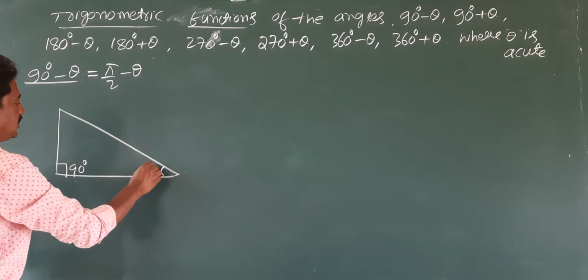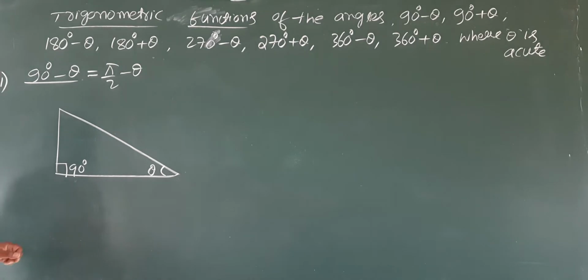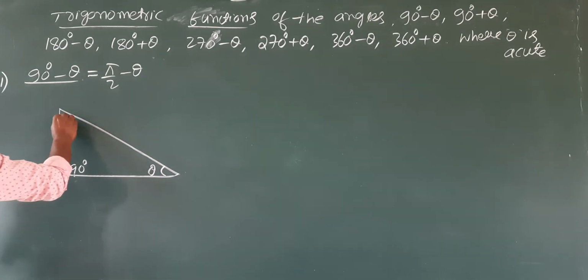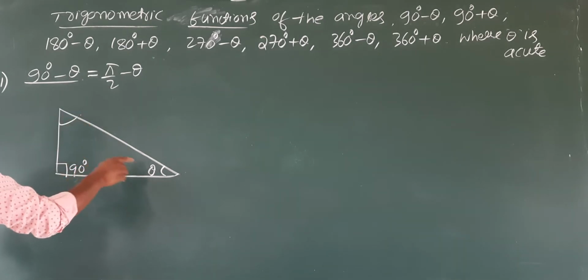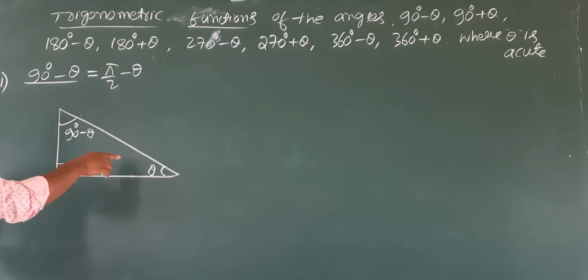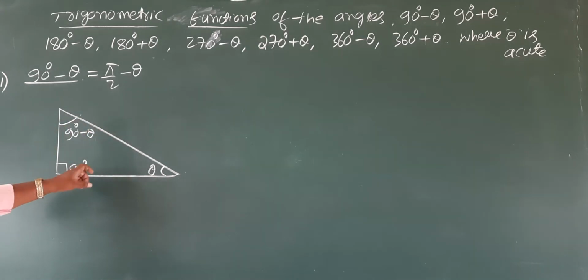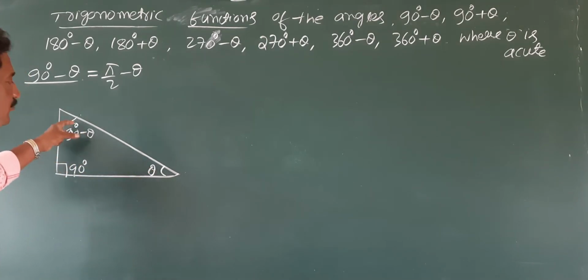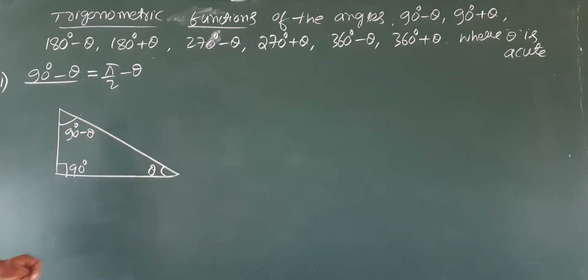You take this as theta, and this becomes 90 minus theta. So this is 90, this is theta. Tell me the measure of this angle. This must be 90 degree minus theta.